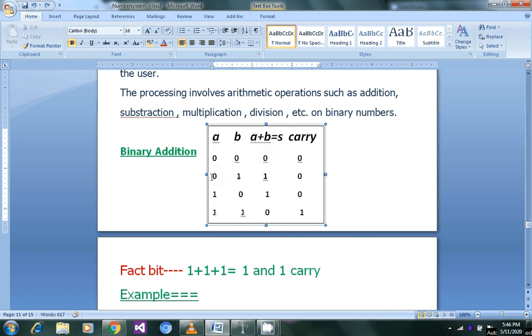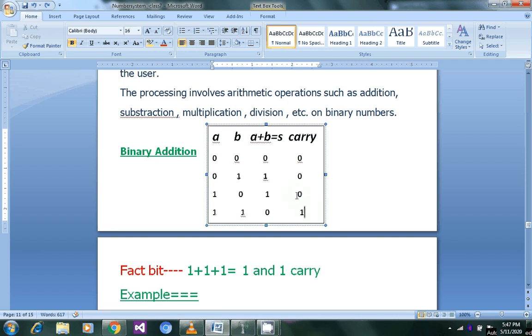Then 0 plus 1 equals 1, and 1 plus 0 equals 1, and the main addition is 1 plus 1, which gives the result 0, but it carries 1 to the other number.